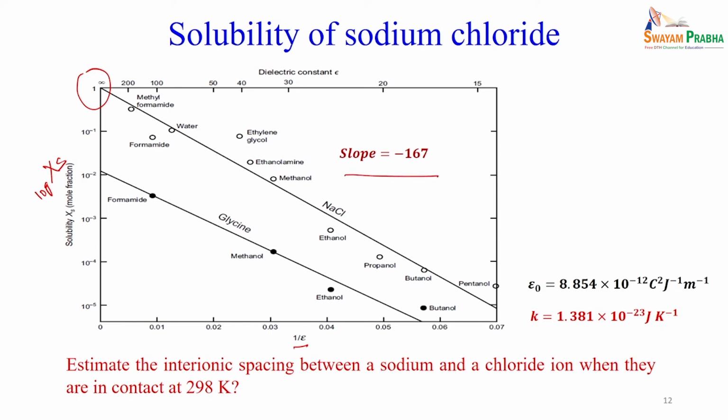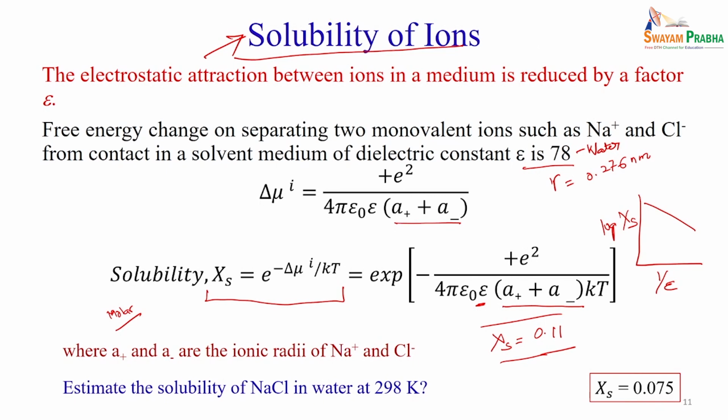Now, from here we will try to back calculate the interionic spacing at temperature 298 K, 25 degrees centigrade. Once this slope is known to you, the slope will be equal to e square upon 4 pi epsilon naught r kT.